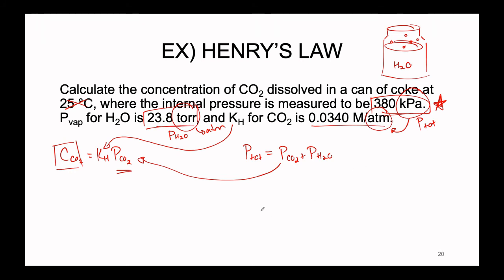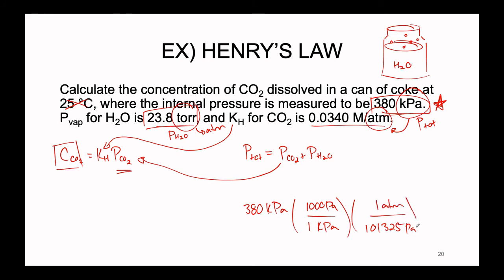All right, so let's convert our 380 kilopascals into atmospheres first. Now there are 1,000 pascals per every one single kilopascal, and there is 101,325 pascals per every single one atmosphere.